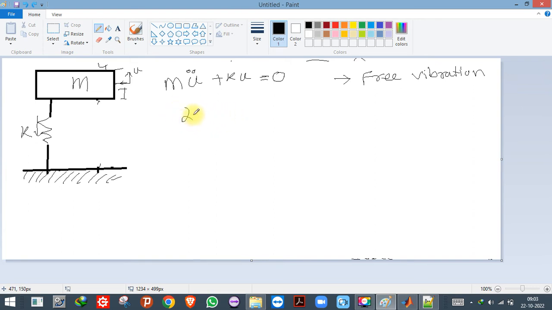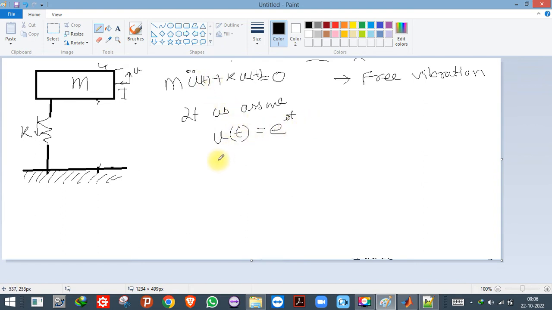Let us assume that u, it is a variable of t, I forgot to write, u of t equal to e to the power st. I have simply assumed a solution.